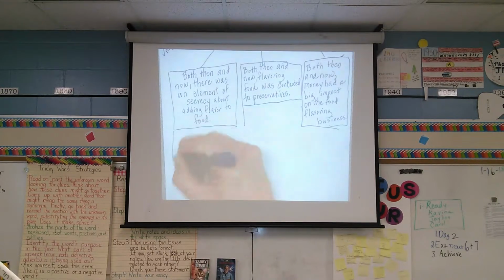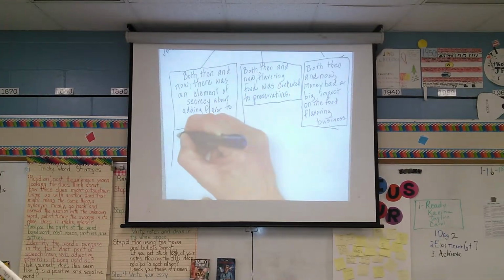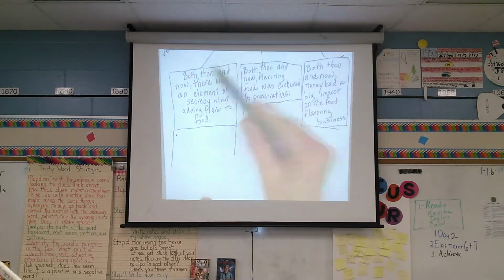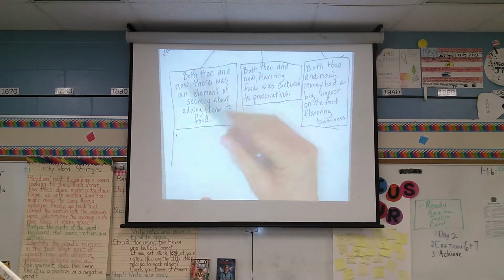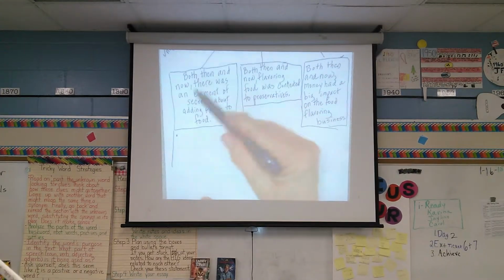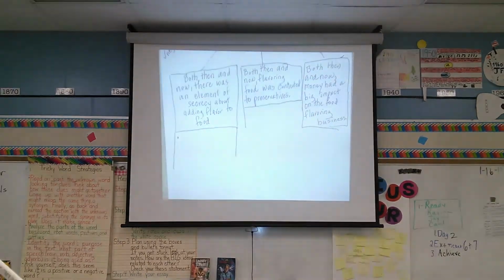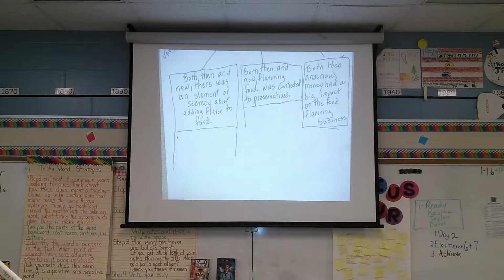Remember, underneath your boxes go the bullets. So now you need to go back into the articles and read what was secret about the food flavoring. And hopefully, if you were really good with your annotating the text, you won't have to reread the whole article. That's why we do that, to save time.